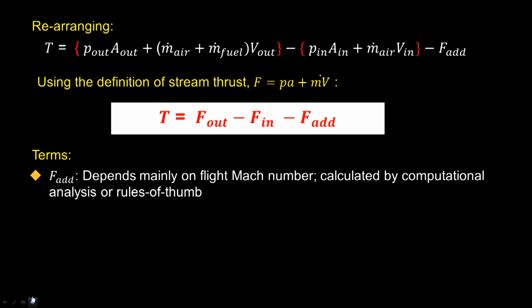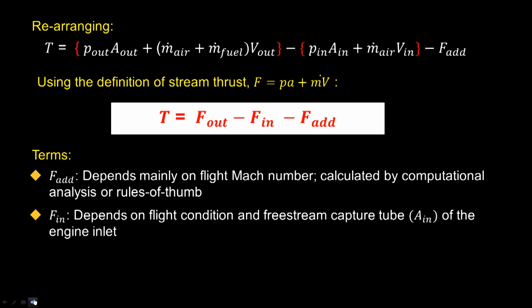When an engine is actually close to its design point, the additive drag can be very, very small. However, when it's not close to its design point and it spills lots of air, the additive drag can be a term that's very important to calculate. Now, unfortunately, it's never easy to do this, and so in simplified designs of scramjets, we typically use rules of thumb for the additive drag, but if we really want to know, we have to do quite a complicated computational analysis.